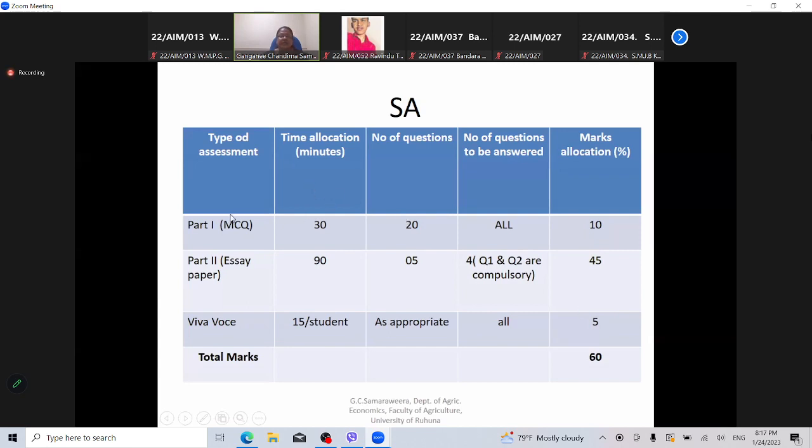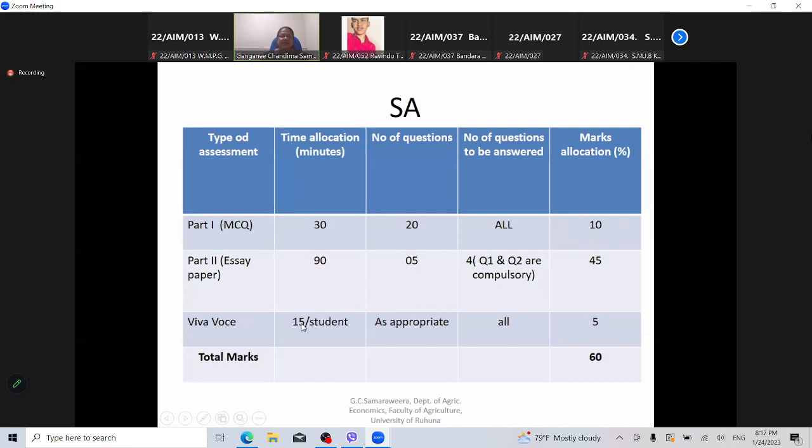Here you can see part 1 MCQ 10%, part 2 essay paper, time allocation is 90 minutes, number of questions 5. You have to write 4 questions. I'll give you question 1 and 2 compulsory, then 45%, then viva voce examination.